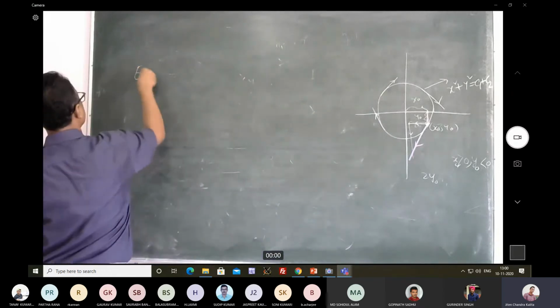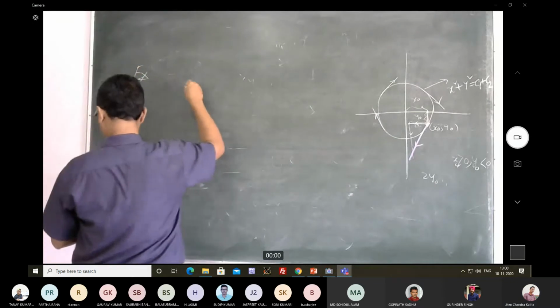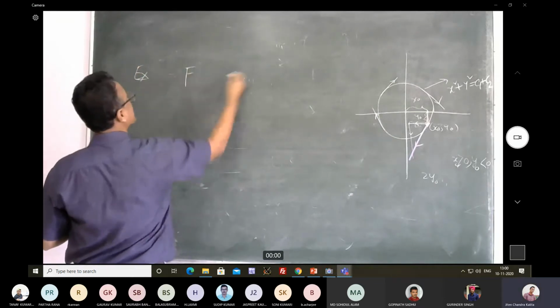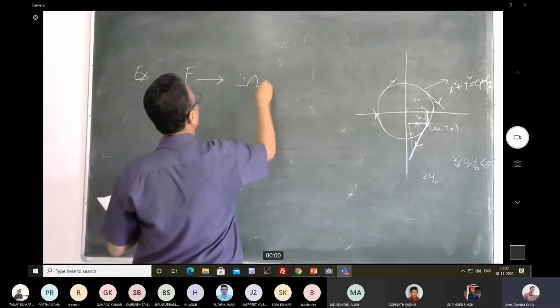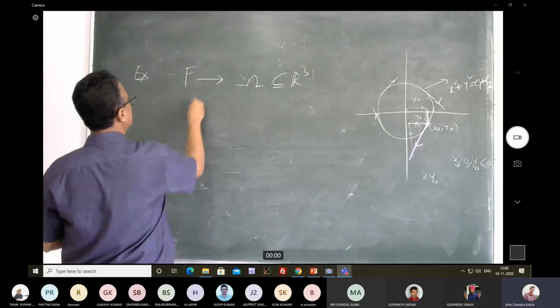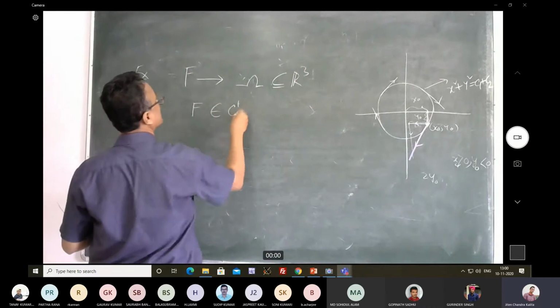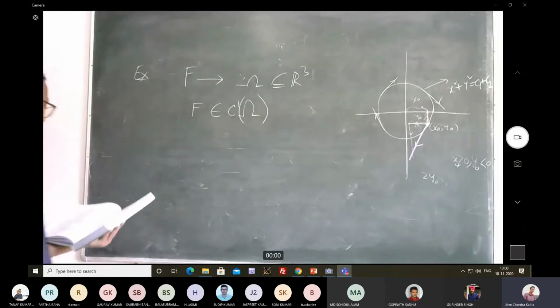Okay, so the exercise is: f is a real valued function in some domain omega belonging to R3, and of course I am assuming that f is C1 in omega.